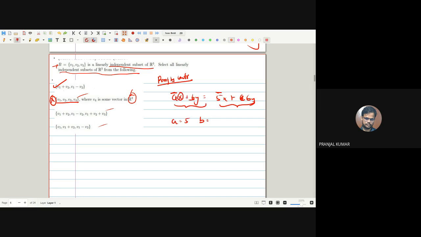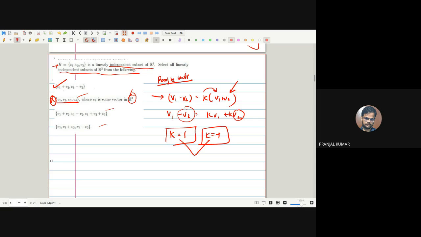Okay, let's see that back. What I assumed was that v1 minus v2 and this vector were actually scalar multiples. So there will exist some scalar k belonging to the reals, such that they are scalar multiples of each other. So I started solving that v1 minus v2 is equal to k times v1 plus k times v2.